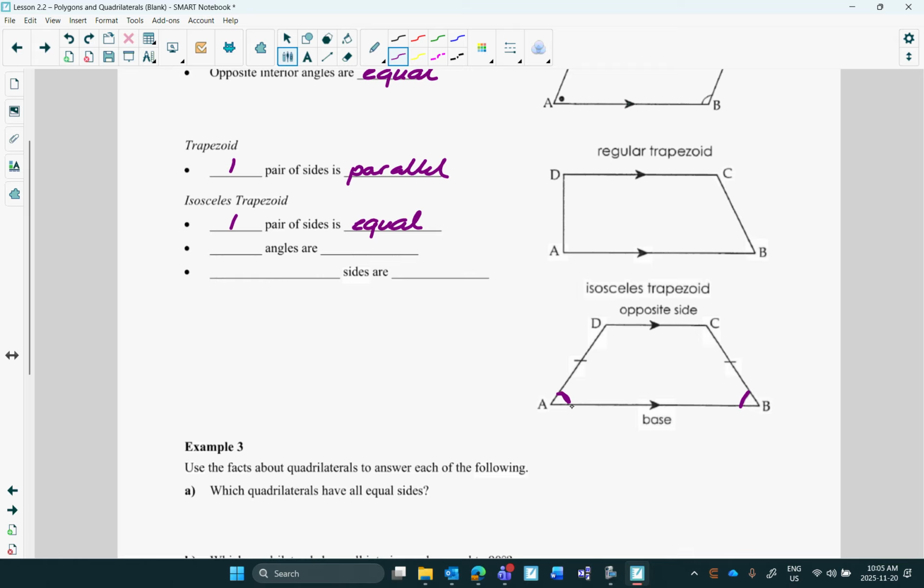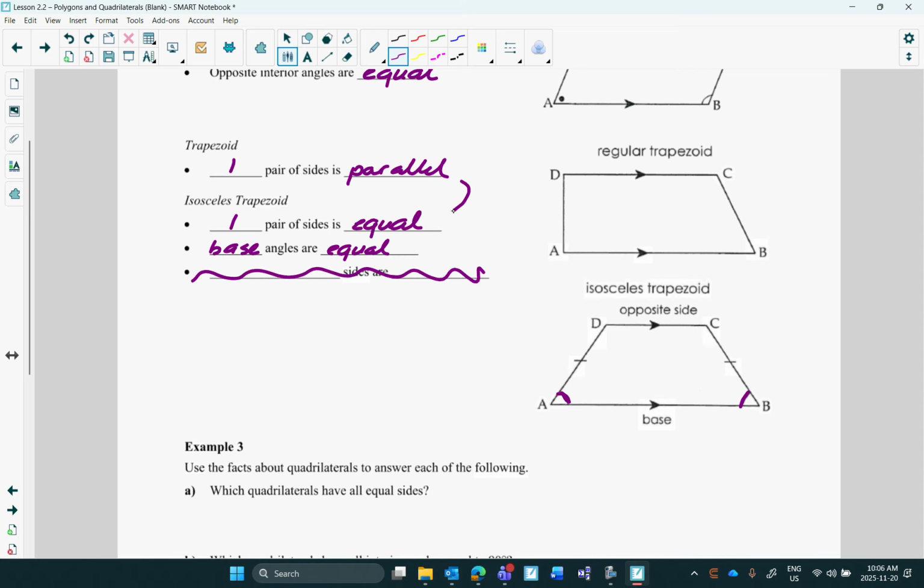So how do I say this? I want to make sure. I'll call it the base angles. That's what I call them in the diagram. Actually, I should have put one pair parallel there, but we can take this out.